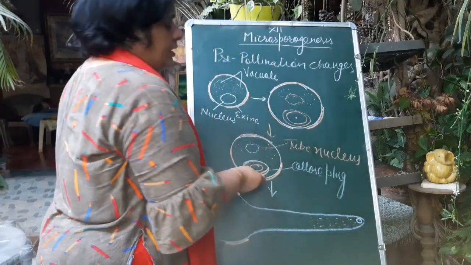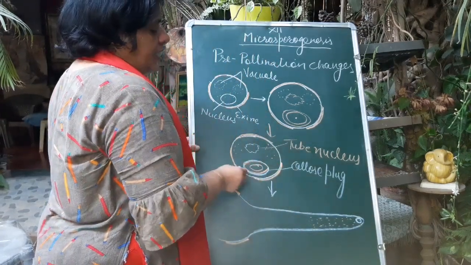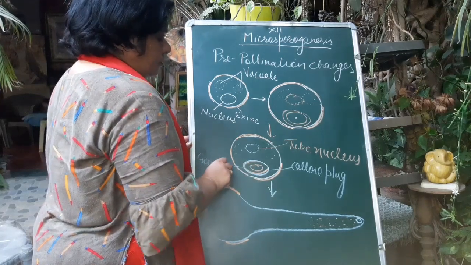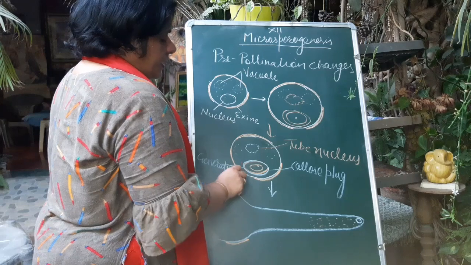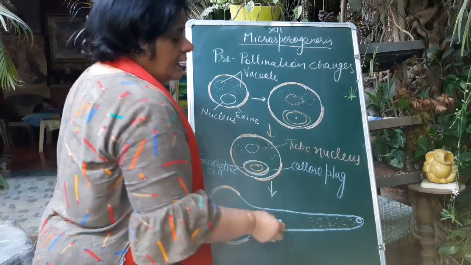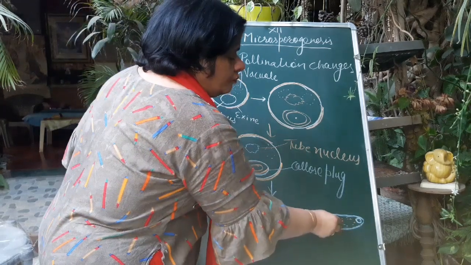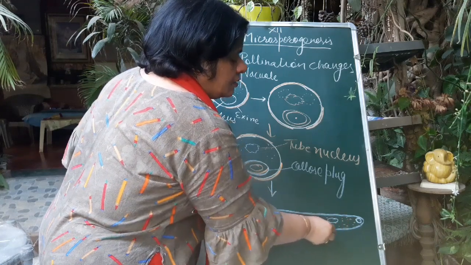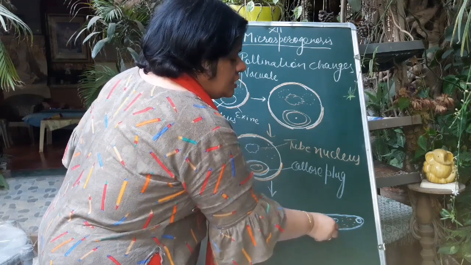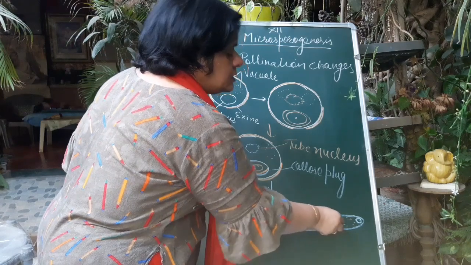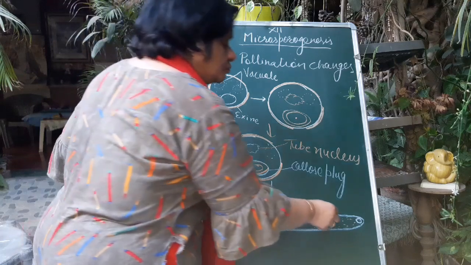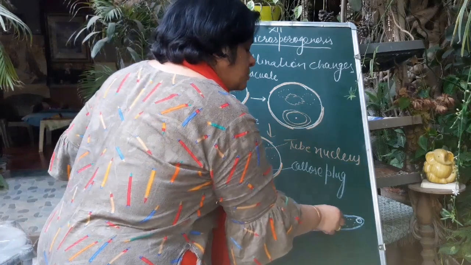In the meanwhile, this cell, that is now called generative cell, gets divided into two male gametes, which are having a large nucleus, and they are covered by cytoplasmic sheath.